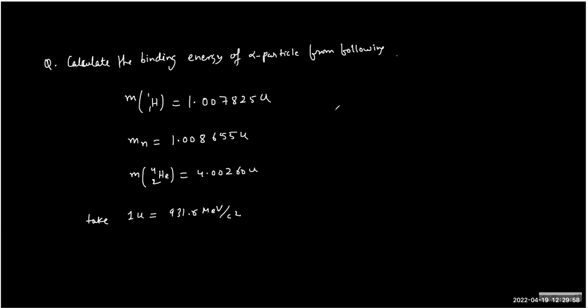Now, how is the nucleus of helium created? So you can write the same formula, right? So the mass defect is how much? The constituents are two protons, so twice the mass of proton, twice the mass of neutron, minus the mass of helium, minus Z m_e. But as I said, we have to convert this into hydrogen.